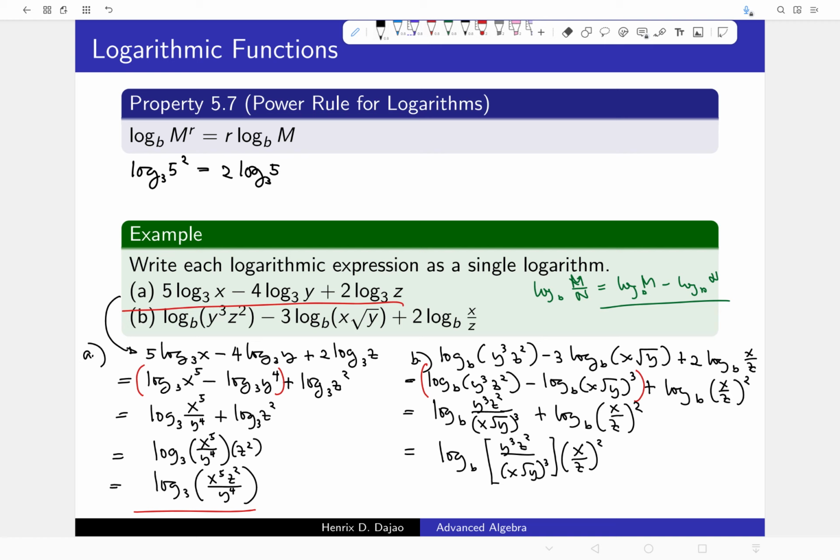And so we can simplify now this expression, this one.